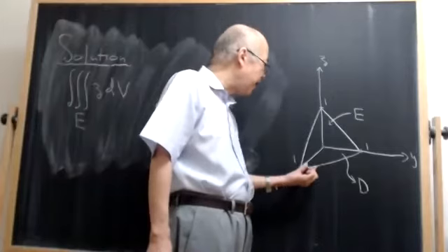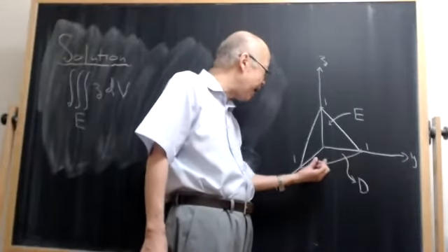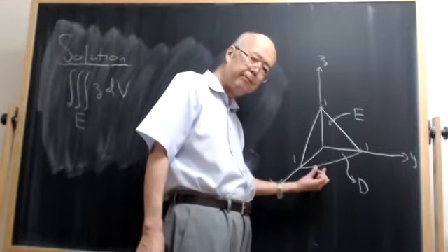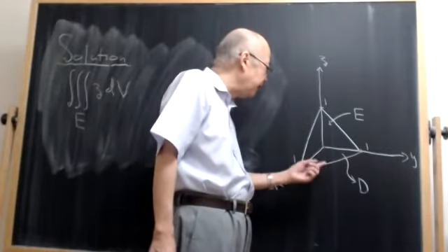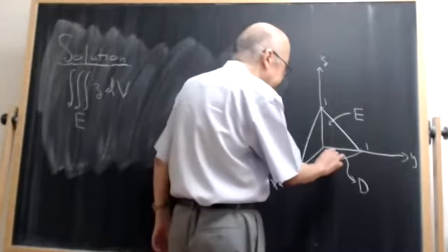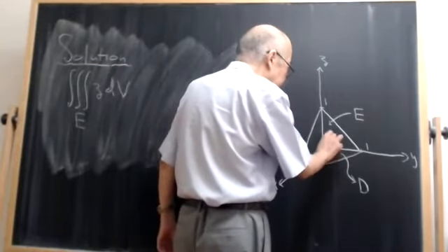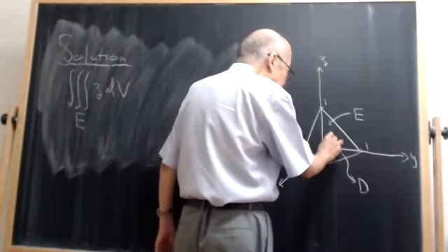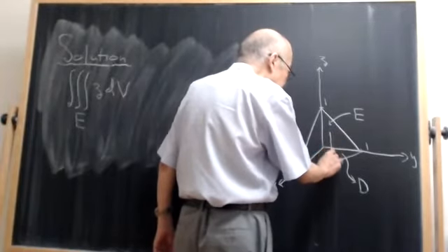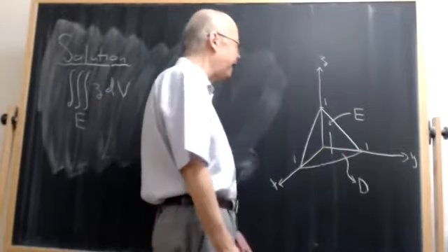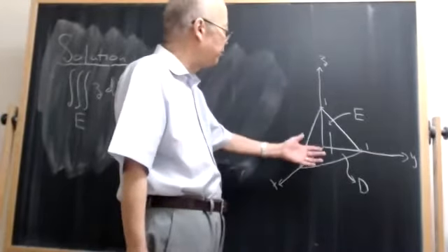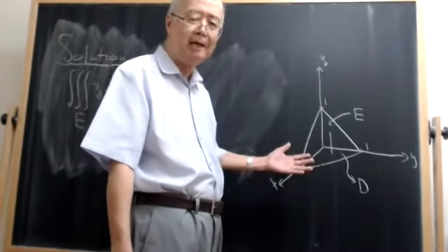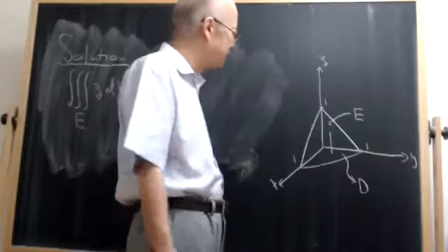So you can think of this triangle as the lower surface. And then you go up, assuming that this tetrahedron is made of glass.